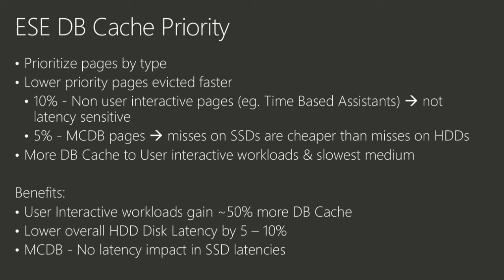You already have pretty short latency when you're trying to access that. So a cache miss for SSDs is way cheaper than a cache miss when you're accessing from the hard drive. So we're saying we're okay with you being evicted faster, because we're going to save the space for those pages getting accessed from the hard drive. So we're going to evict MCDB pages a lot faster than everybody else.